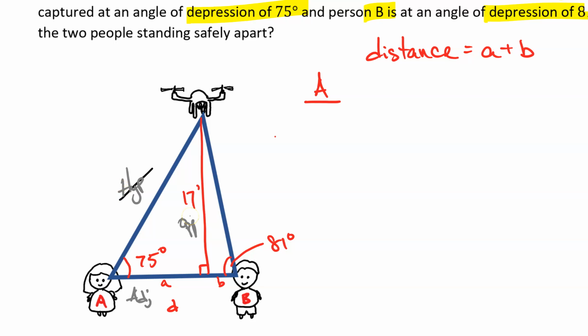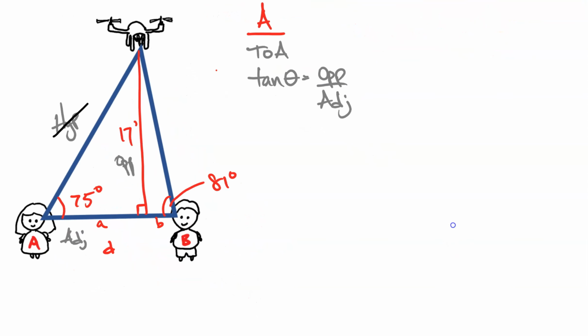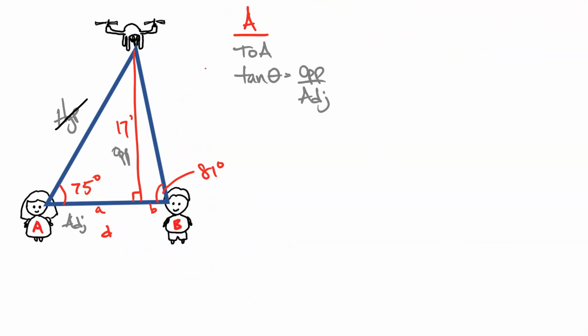I need the adjacent and opposite, and that's TOA. Opposite over adjacent. Notice how I write the formula every time. Taking these baby steps really makes it so that I don't make silly mistakes, for instance, switching up the O and the A.